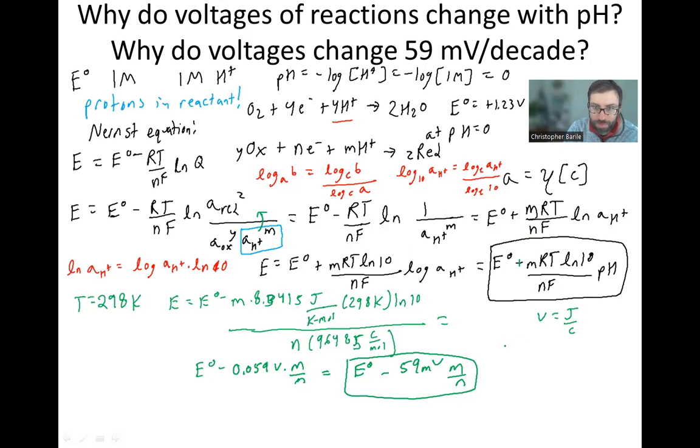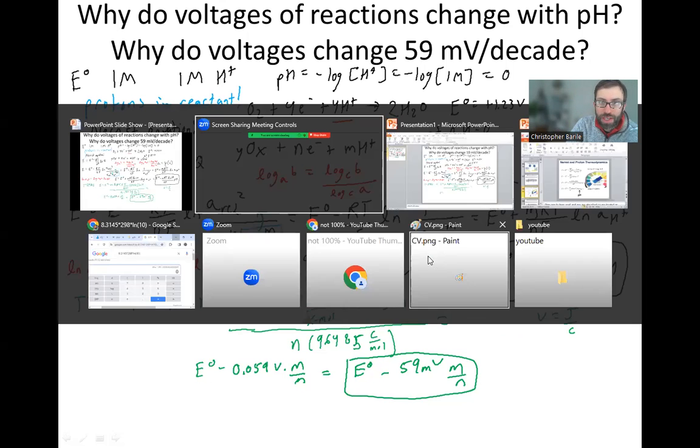So again, this is only true with a minus sign if it's in the reactant. If protons are in the product, then this would be a positive sign, and we get more positive voltage with increasing pH.